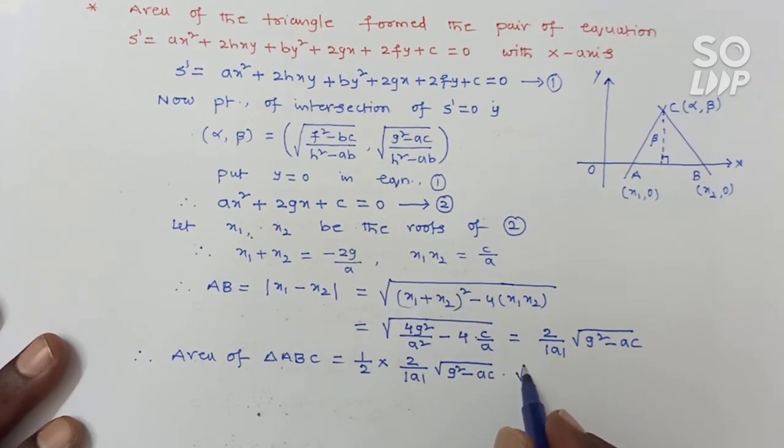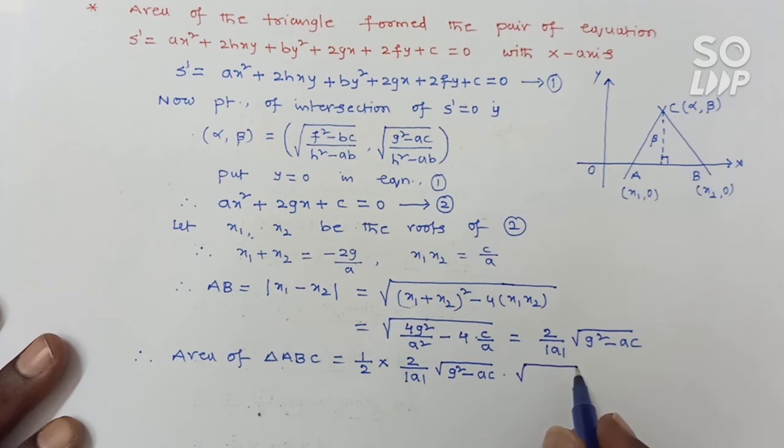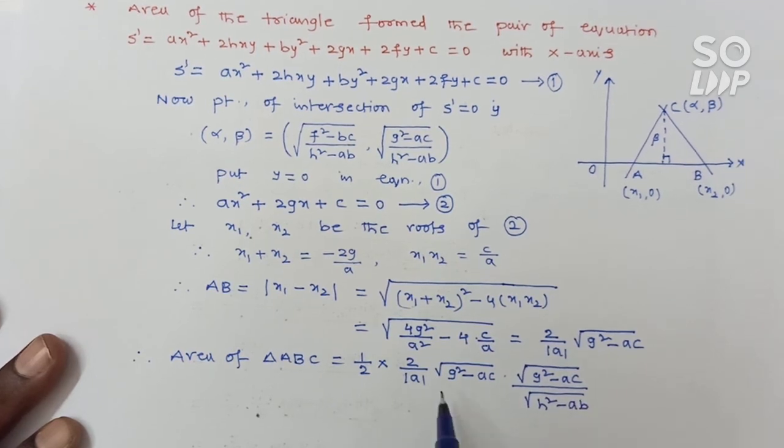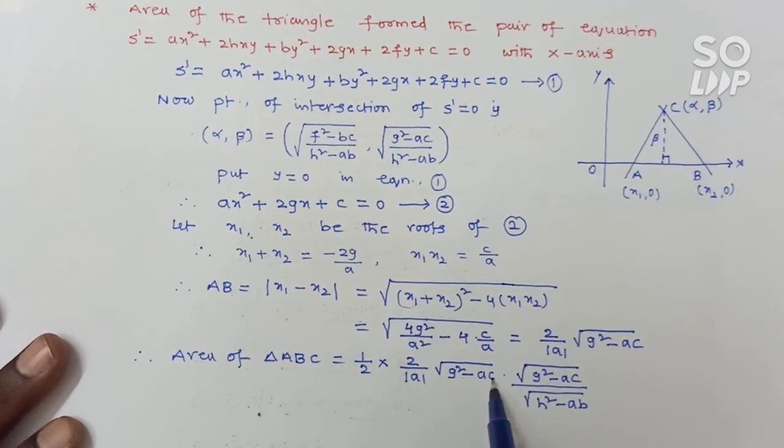So that is nothing but square root of g square minus AC whole divided by root of h square minus AB. So in the numerator, root of g square minus AC into root of g square minus AC. Here 2 and 2 will be cancelled.